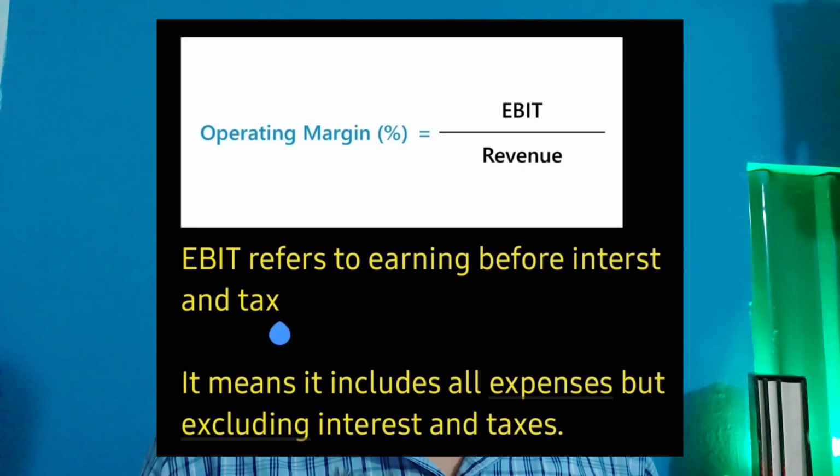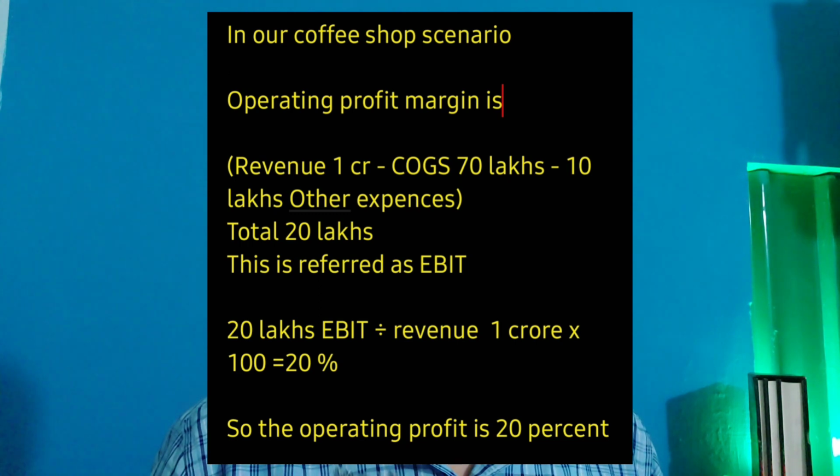To calculate the operating profit margin, we use this formula: revenue minus cost of goods sold minus operating expenses, divided by revenue and then multiplied by 100. In our example, it would be 1 crore total revenue minus 70 lakh COGS minus 10 lakh other expenses, divided by 1 crore and then multiplied by 100.